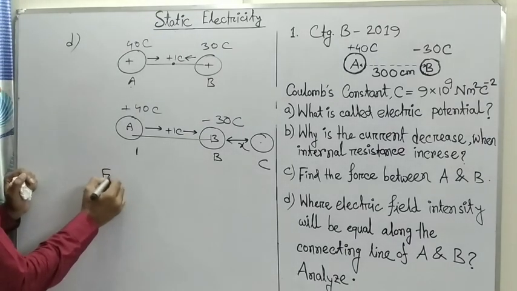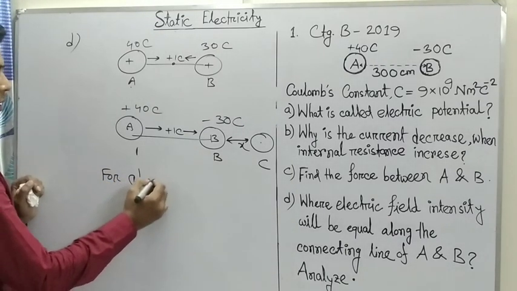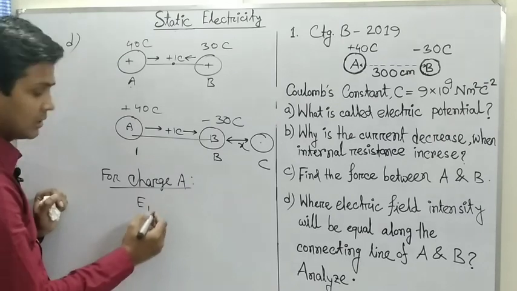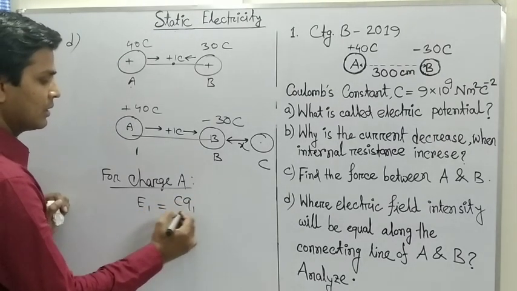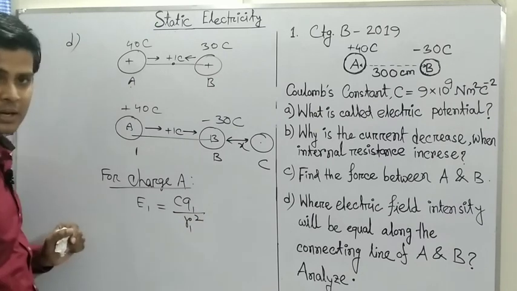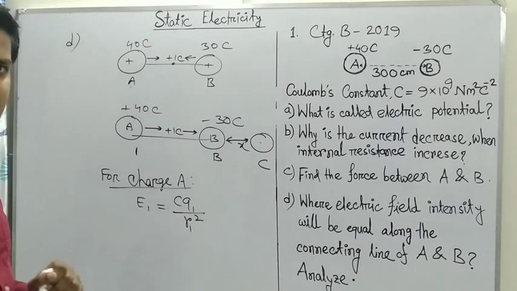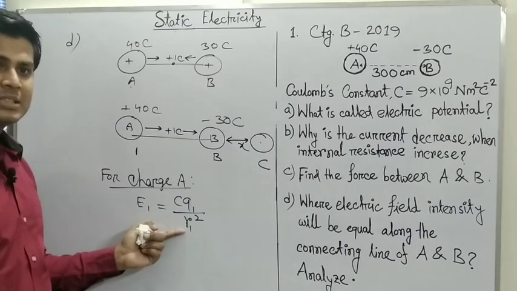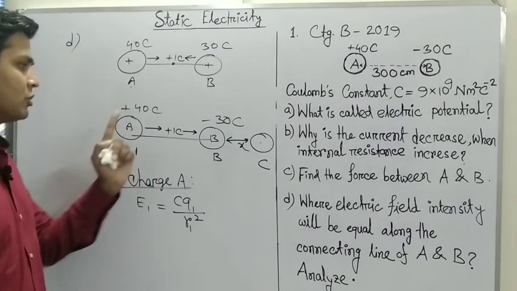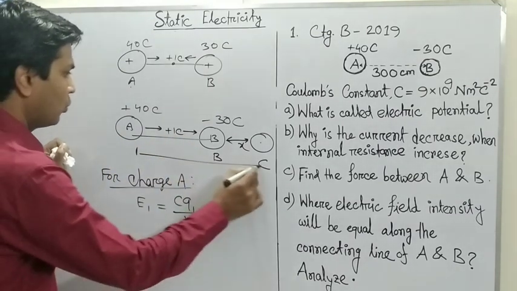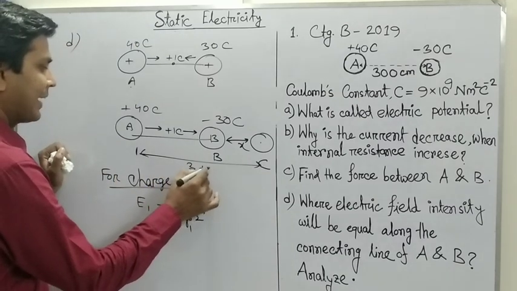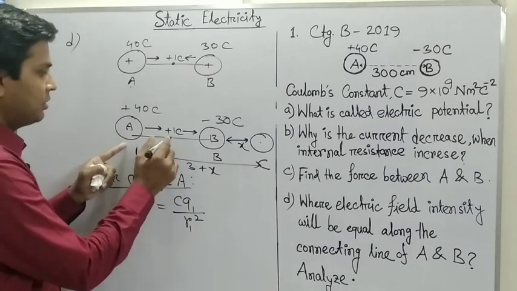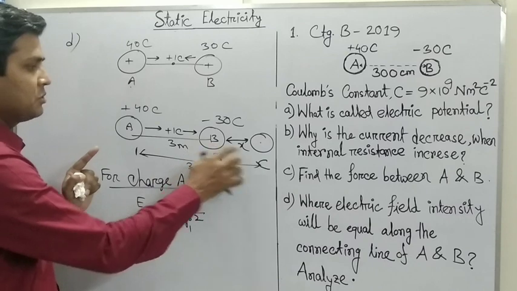Now for charge A, we can write electric intensity E1 equals k Q1 divided by r1 square. That is the formula to calculate the electric intensity. Here Q1 is the first charge and r1 is the distance between A and C, and the distance between A and C will be 3 plus x, because the distance between A and B is 3 meter and the distance between B and C is x.